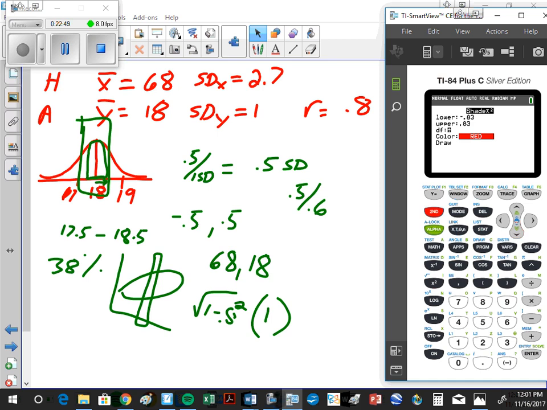I'm on the wrong box. I wasn't on shade norm. So negative 0.83 to 0.83. And we should get a percentage that's larger. Yep, 60%. All right, that takes care of E.